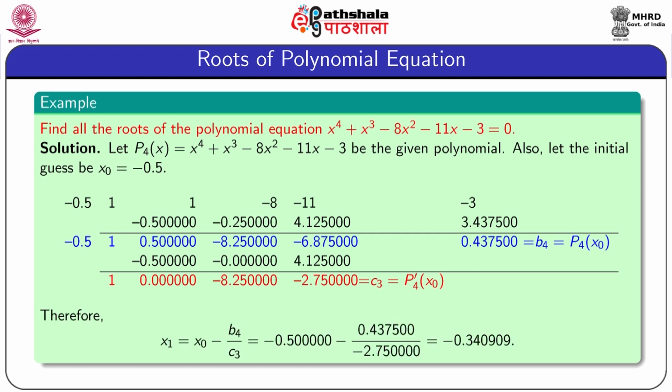Hence, by the iteration scheme, the first iterated value x1 equal to x0 minus b4 by c3, which is equal to minus 0.340909. This is the first approximate root of the polynomial, which is near to the initial guess minus 0.5.